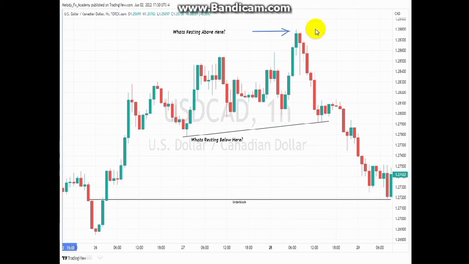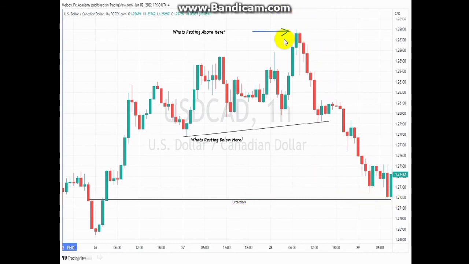This is an ideal price level to get out, because resting above here are buy stops, willing buyers that are willing to buy at a high price, at premium. We have buy stops resting above that, so they are willing buyers resting above here.